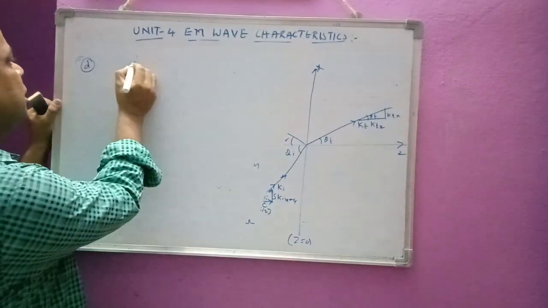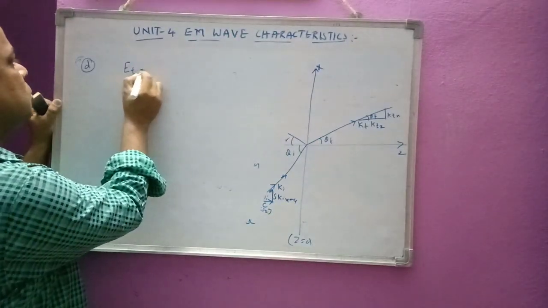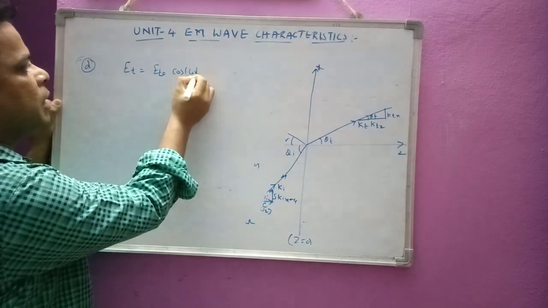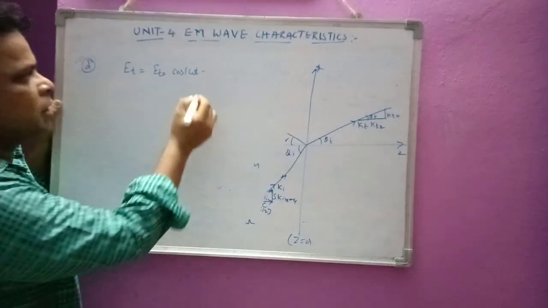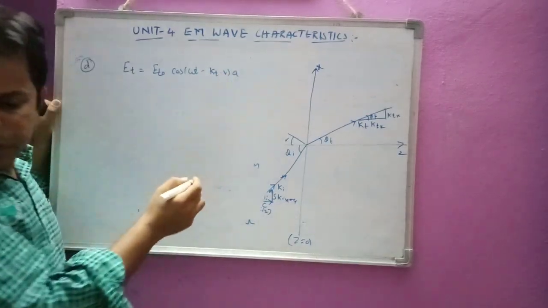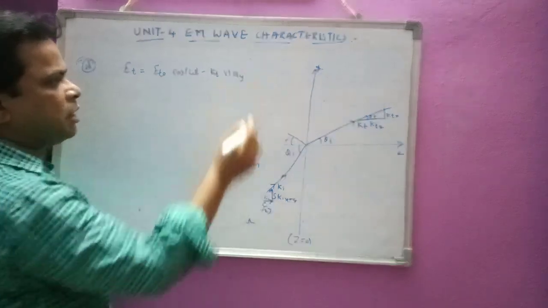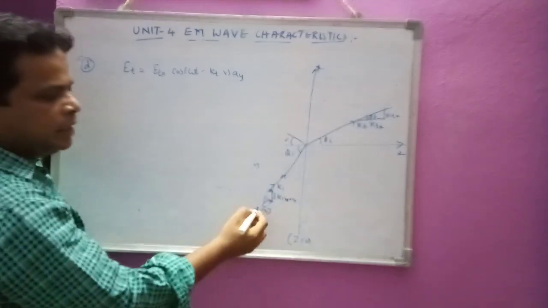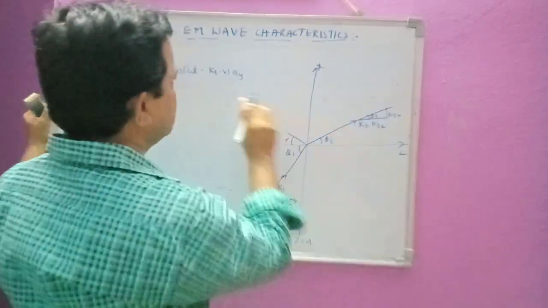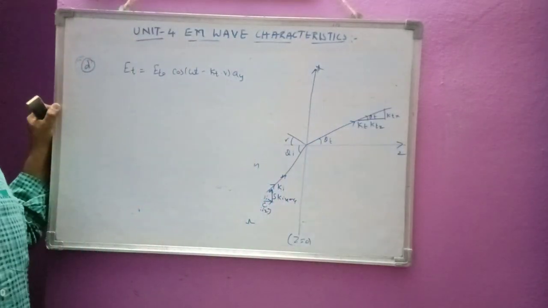So we will write ET is equal to ET naught cos omega t minus kt dot r, into the direction, which is along ay only, as we have seen, since this vector has the same direction as the incident wave's electric field, ay.